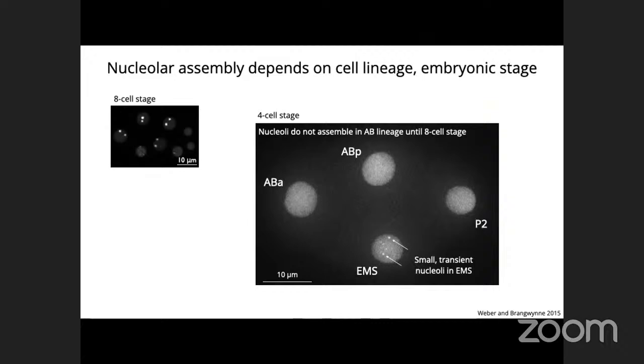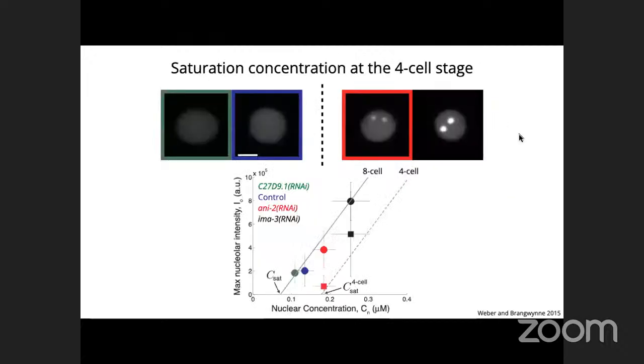So this is great, right? Because now I can do the same thing, and if I decrease the concentration even more, then okay, I still don't get nucleoli, fine. But if I increase the concentration, then I can nucleate nucleoli in a stage where they don't normally assemble. And so I have a saturation concentration above which nucleoli assemble and increase in size, and below which they don't assemble at all.